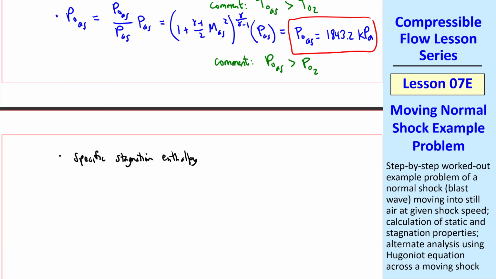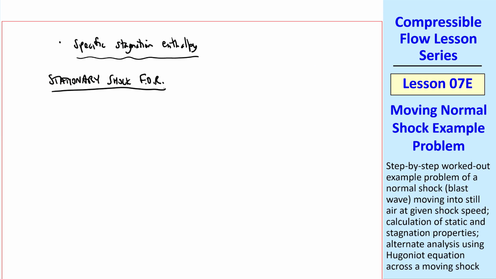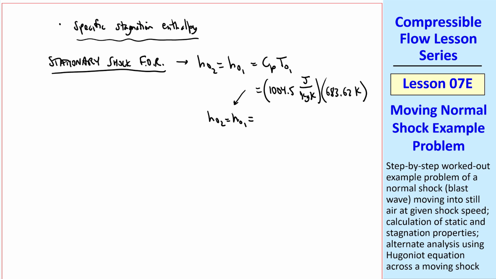Now let's compare specific stagnation enthalpy for the two frames of reference. In the stationary shock frame of reference, we know that h02 equals h01 equals Cp T01 for an ideal gas, or 1004.5 joule per kilogram K times 683.62 K, or h02 and h01 are both 686,700 joule per kilogram.